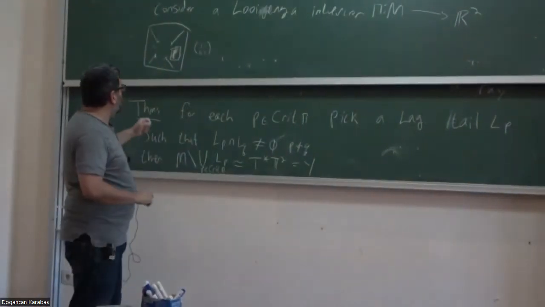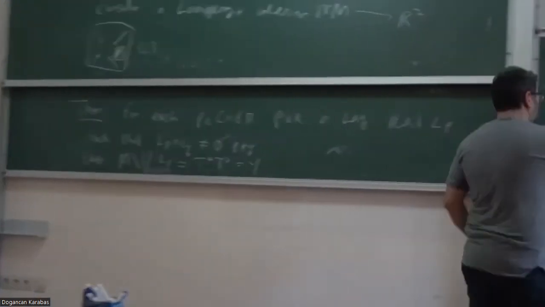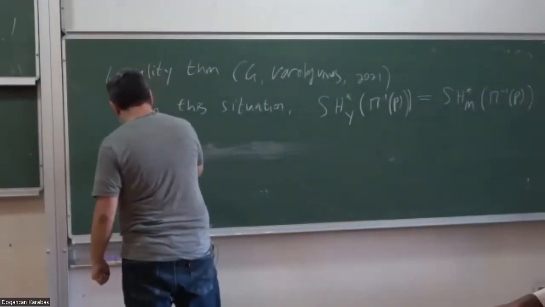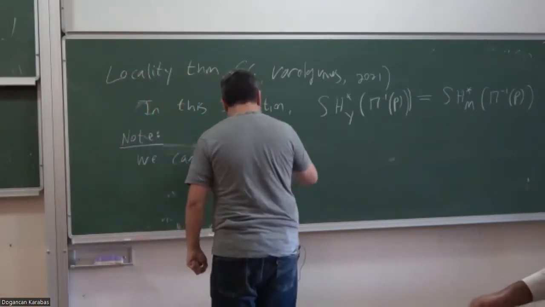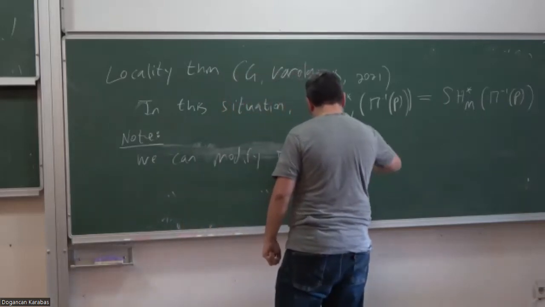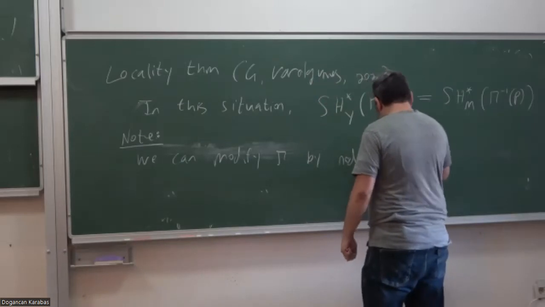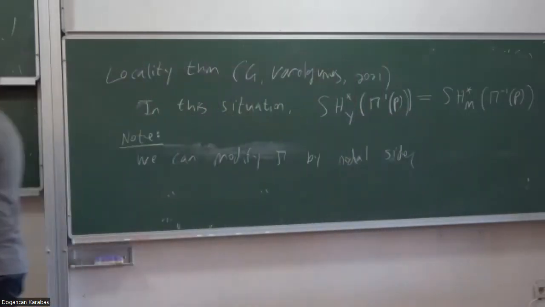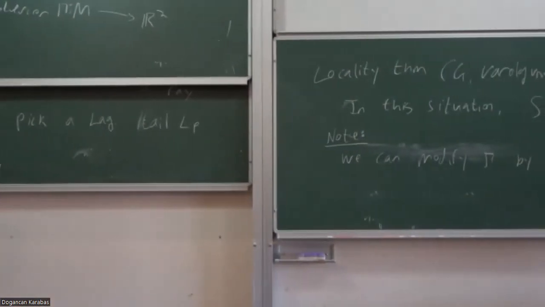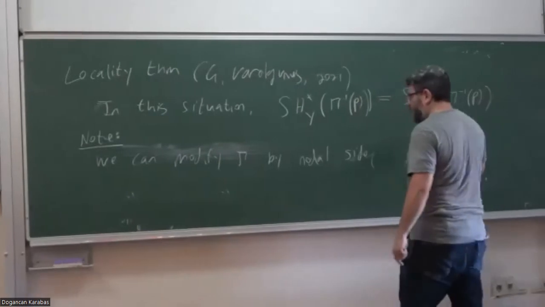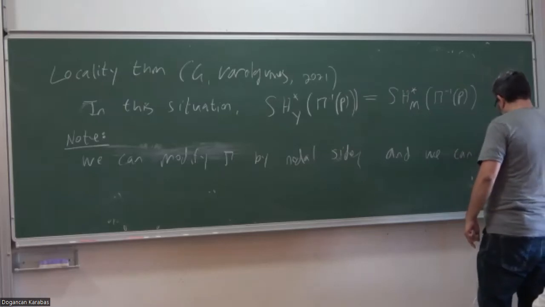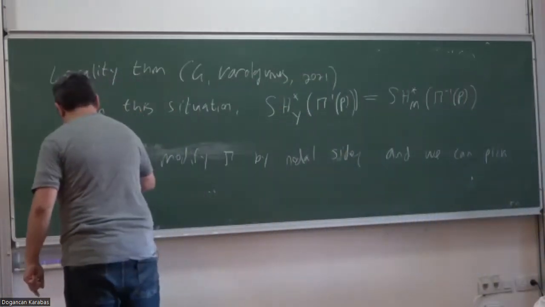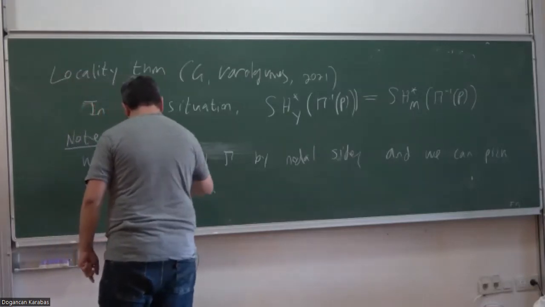Then we can do an operation: we can modify pi by nodal slides, meaning we can move these singular values along these rays, and we can pick opposite tails.